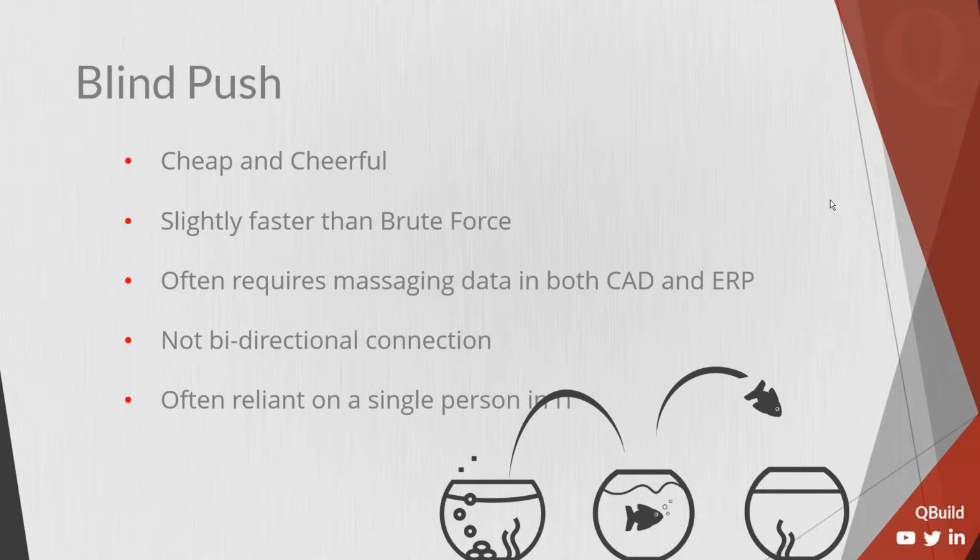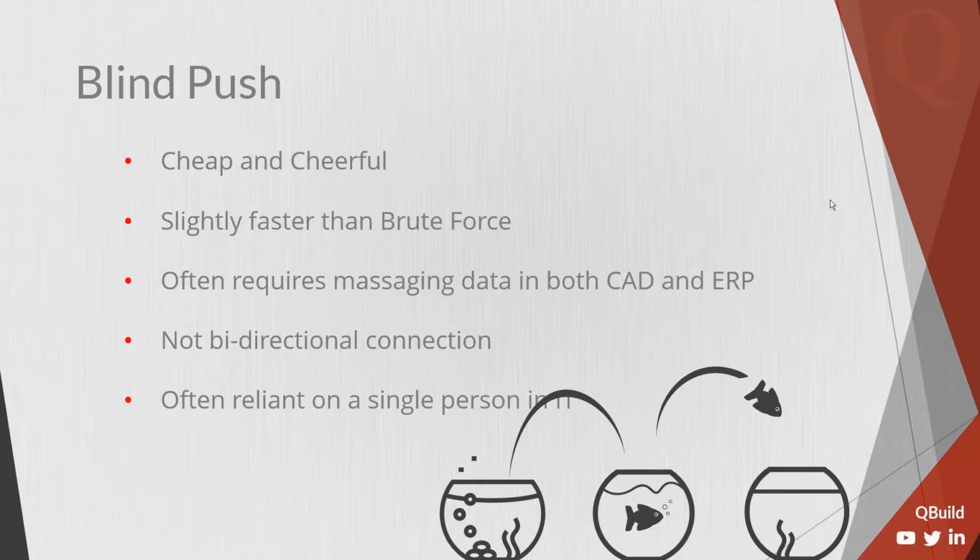And on the other hand, with a blind push, this is an upgrade to manually entering this data into CSI. However, there are still some issues with this blind push. When I'm talking about blind push here, I'm talking about having a CSV or an Excel export of the BOM from maybe your CAD, PDM, or PLM package, and then importing that into CSI.